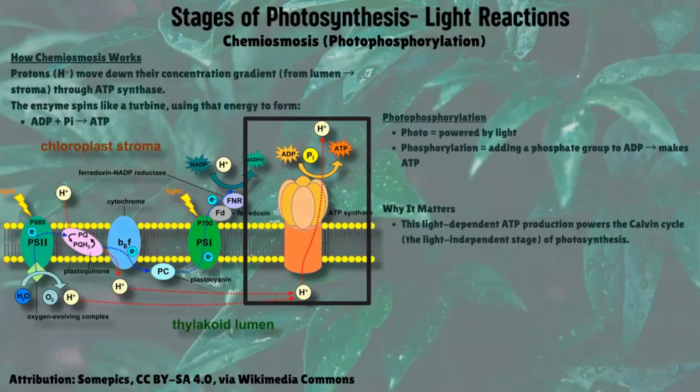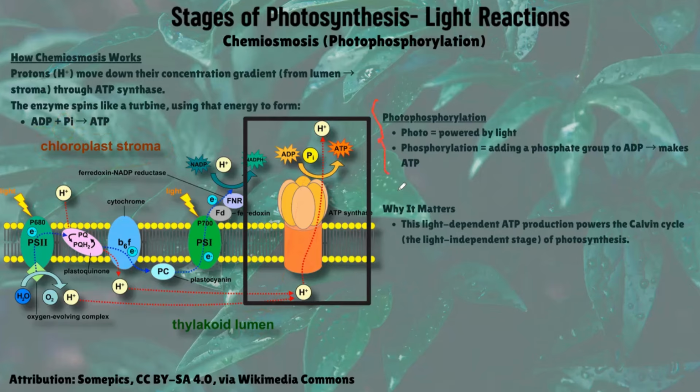Okay, now let's go into chemiosmosis in more detail. We have the protons, the hydrogens, that are pumping against their concentration gradient, moving from the lumen into the stroma. You see that it says stroma here. And this act is taking ADP, adenosine diphosphate, di meaning two, phosphates attached to make adenosine triphosphate. So we're going through a process called photophosphorylation.